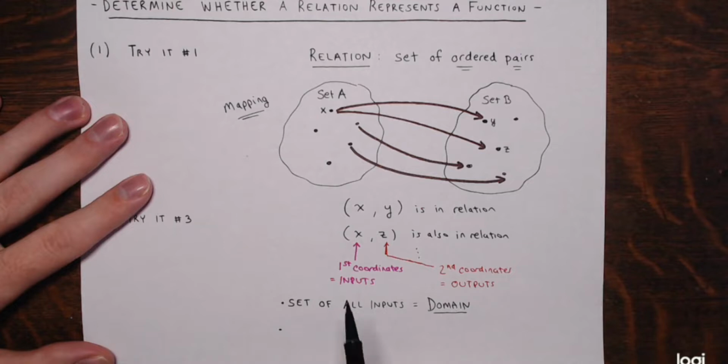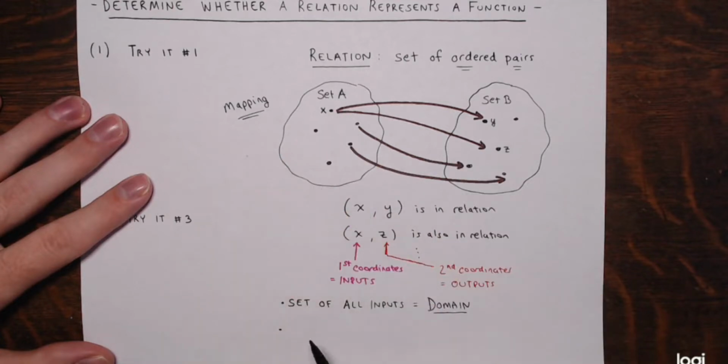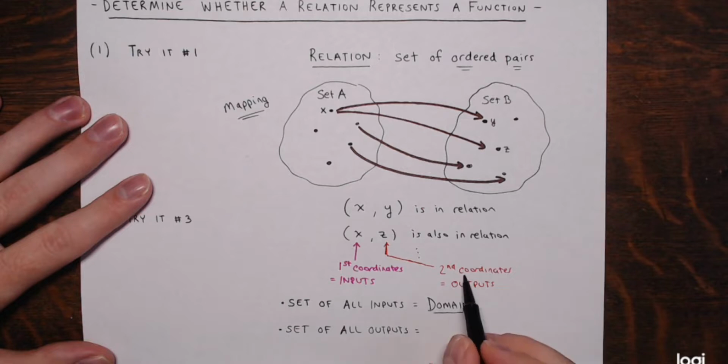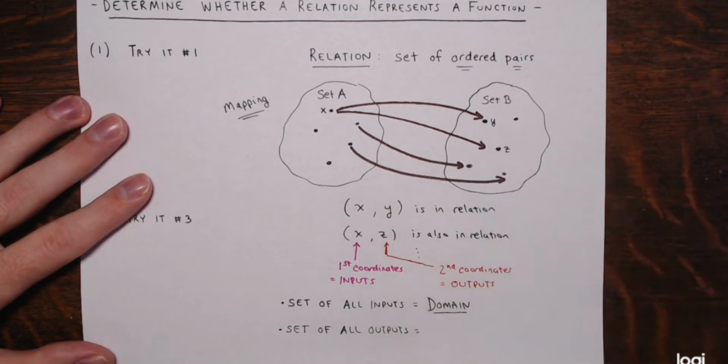This set A here would be called the domain. And the set of all outputs, the second coordinates in these ordered pairs, or this set B where the arrows are pointing at, this is called the range of the relation.